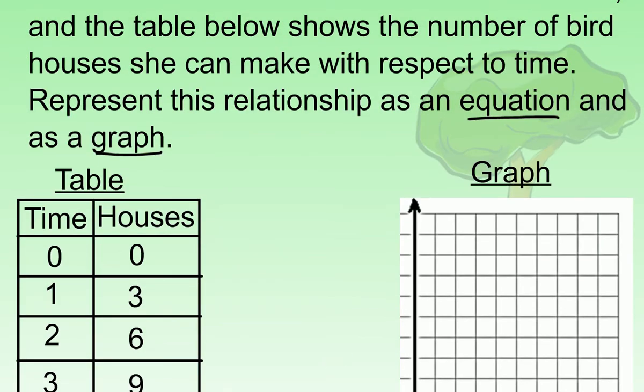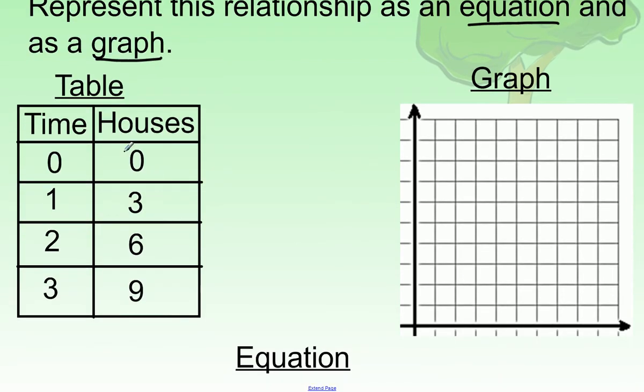Okay, so it gives us a table. Yay, isn't it pretty? We want to take this table and represent it as a graph and as an equation. Now, all three of these are just different ways of representing the same exact information. It's all a constant rate of how fast Nancy is making these birdhouses.